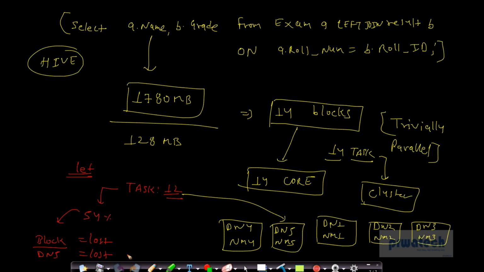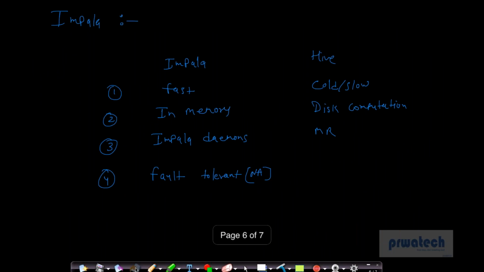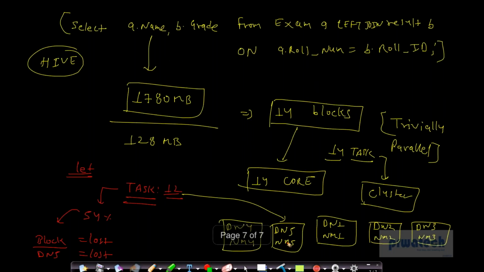What do we mean by fault tolerant? The same task which I'm running on DN5 and NM5 will try to find out whether we have the same data where my 54% task is already completed. Let's say this is block number 12, because the task is working on block number 12. This block 12 is present in this machine.